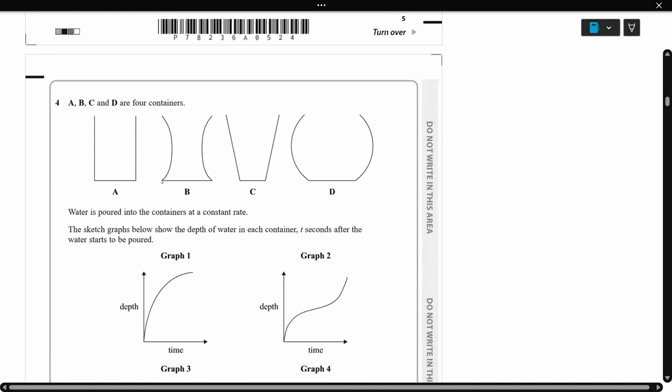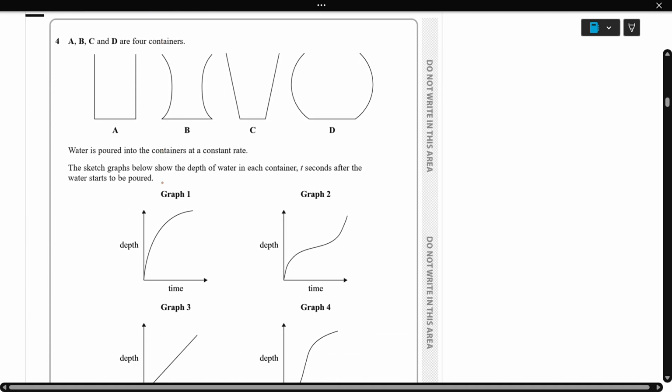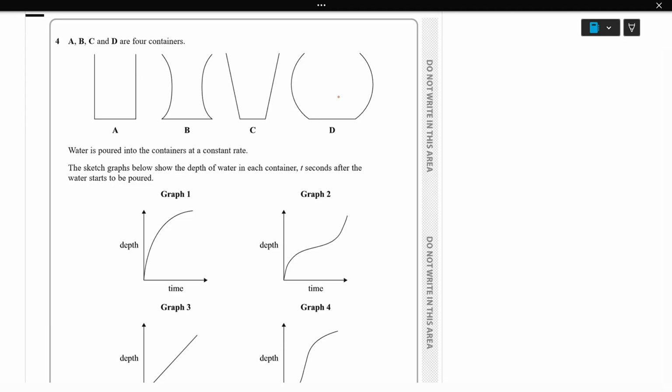Okay, next question, 4 containers A, B, C, D. The first one is a rectangle type, and the others are different curved containers. Water is poured into the container at a constant rate. Sketch the depth of the water in the container after t seconds.